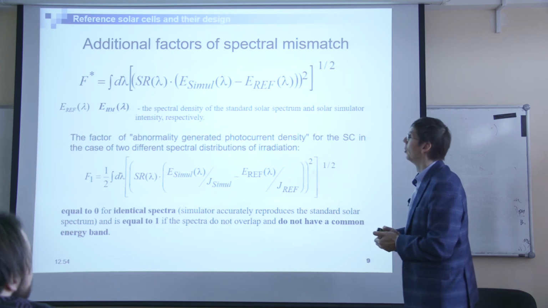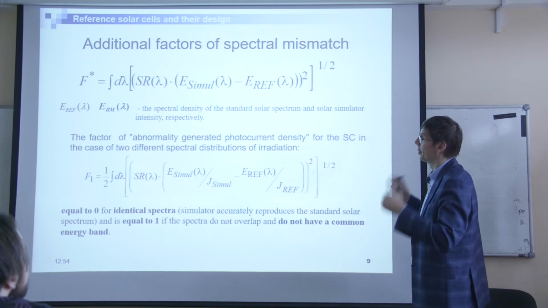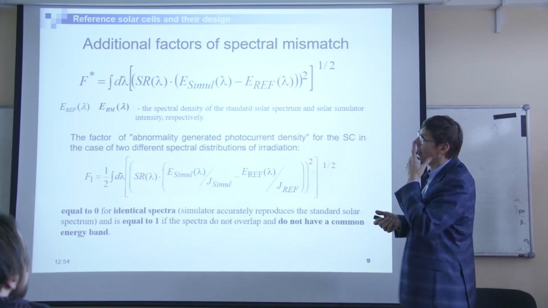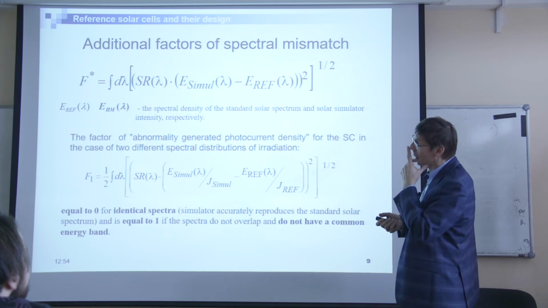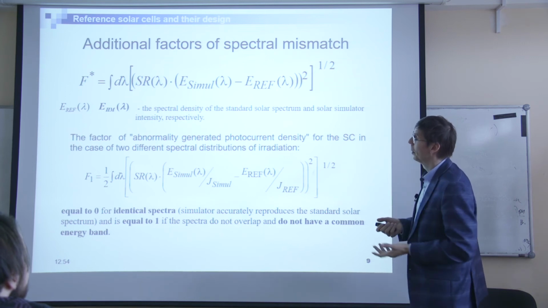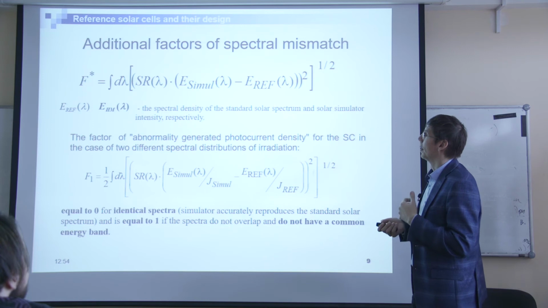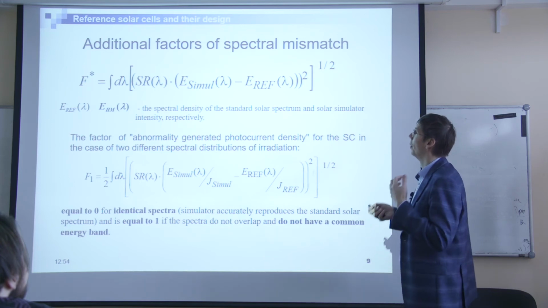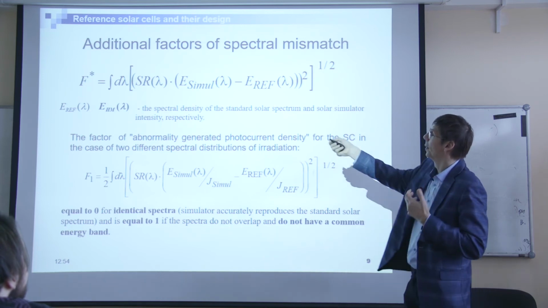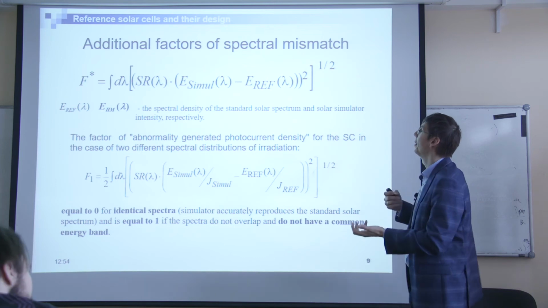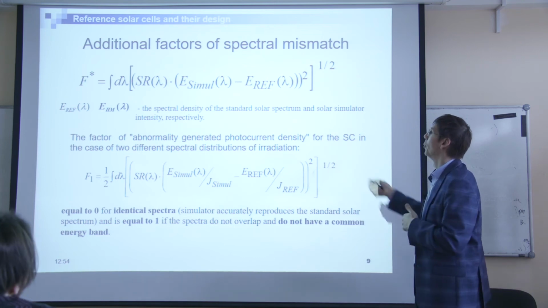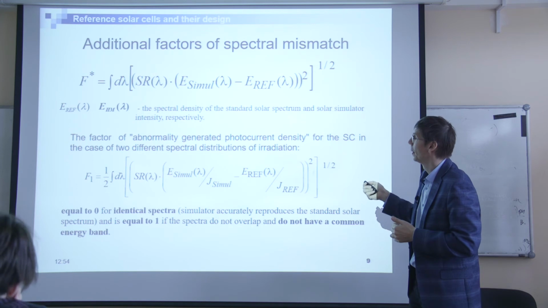So there are two additional factors which we call spectral mismatch. One of them describes how the spectrum of a simulator is different compared to the reference spectrum.